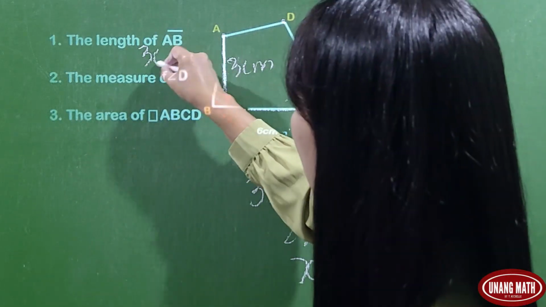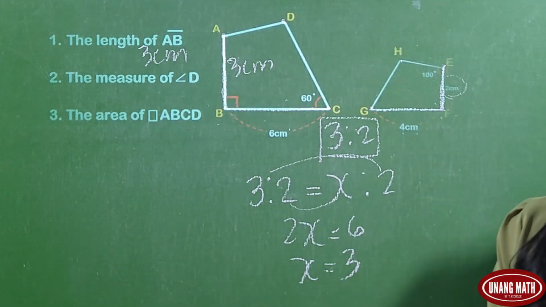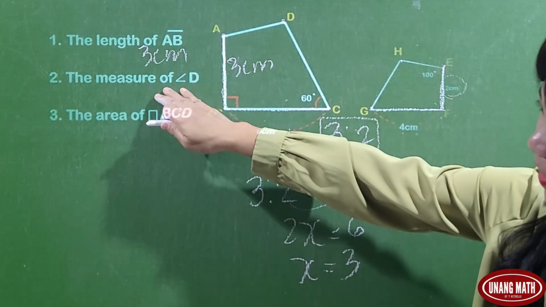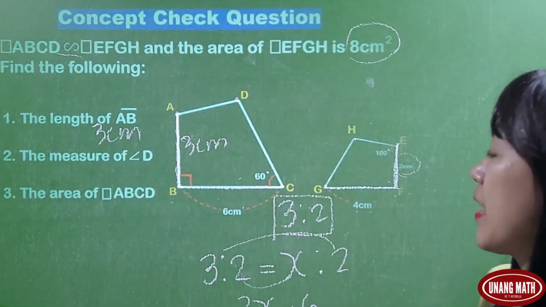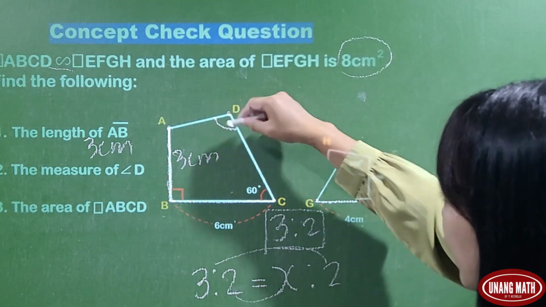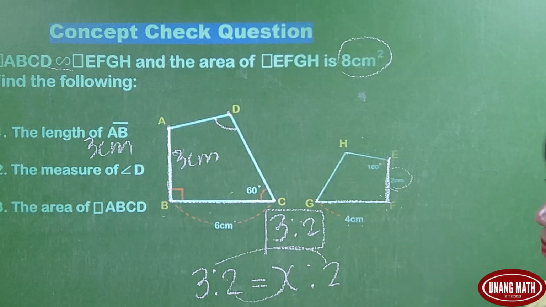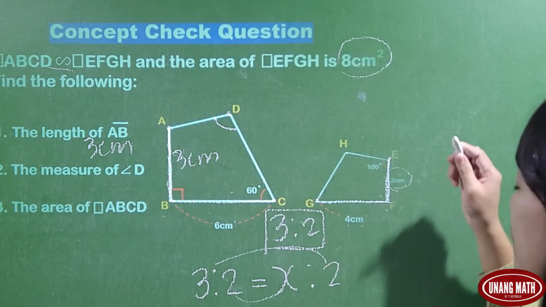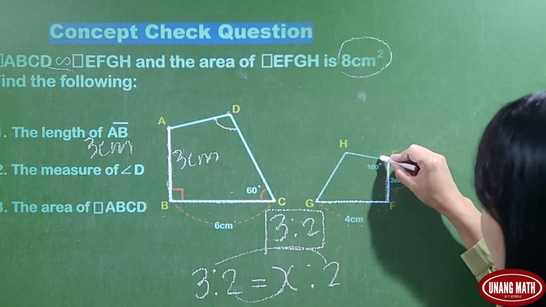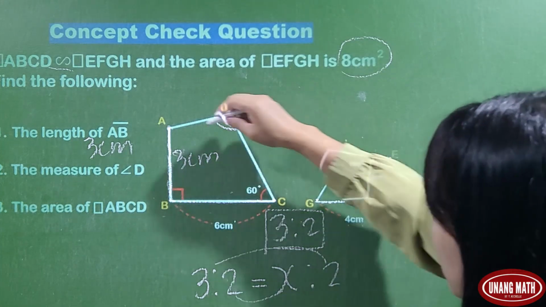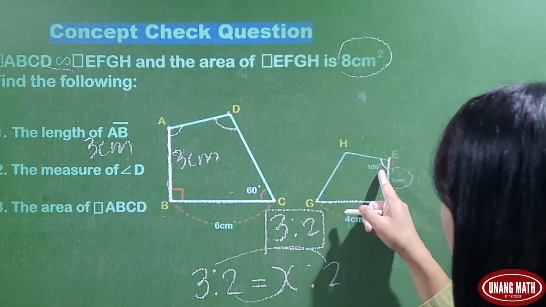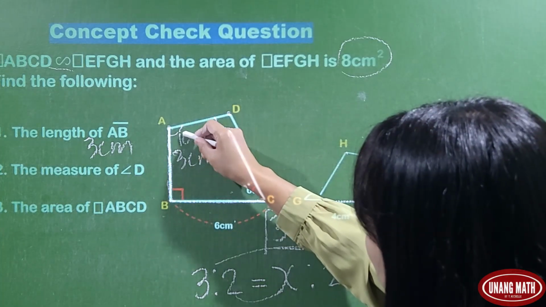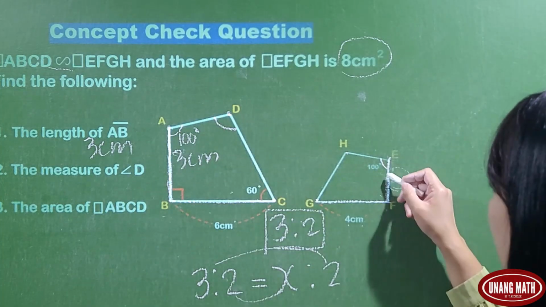So 3 centimeters. Okay, next question: what's the measure of angle D? Where's angle D? This angle. Going back to the corresponding angles, angle E corresponds to angle A. So this is 100 degrees, so this is also 100 degrees.